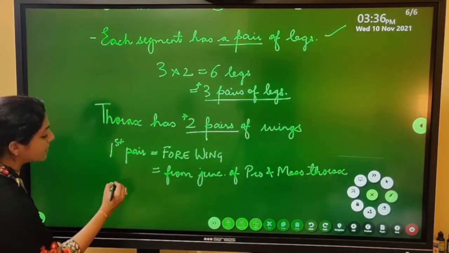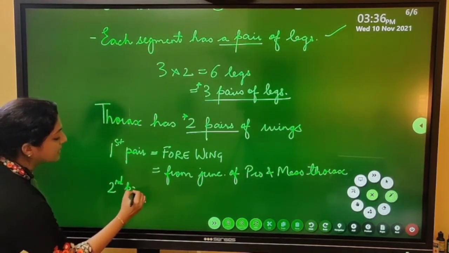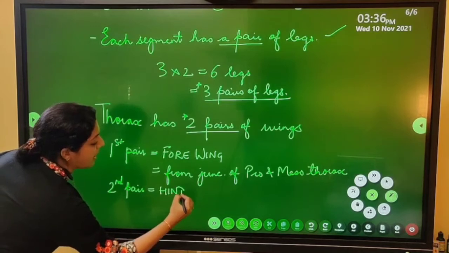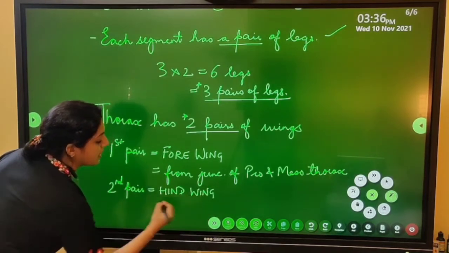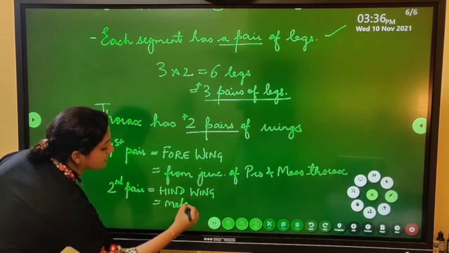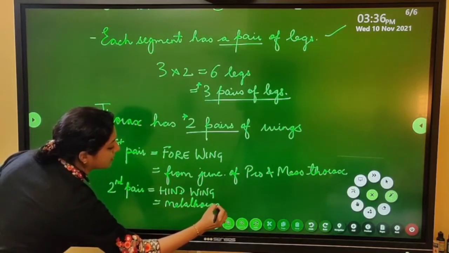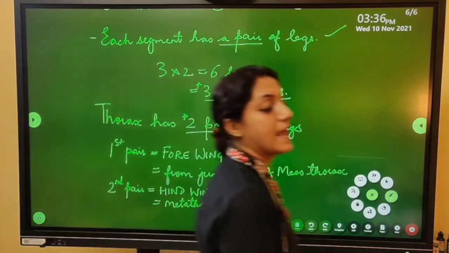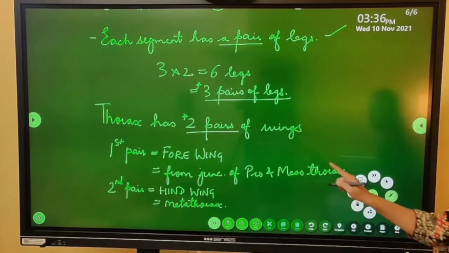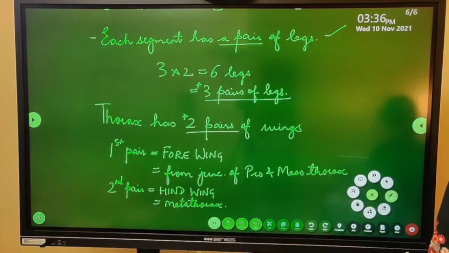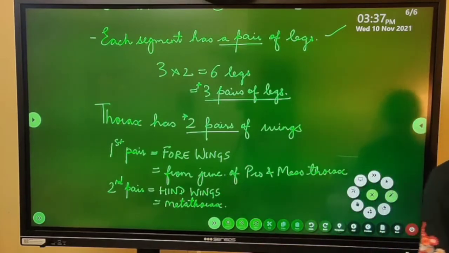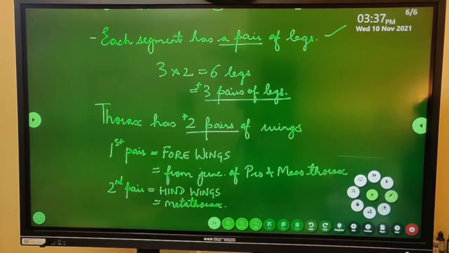And the second pair of wings, that is the hind wings, is from the metathorax. So the first pair of wings is from the junction of pro and mesothorax, that is the forewings. The second pair of wings, that is the hind wings, is from the metathoracic region.